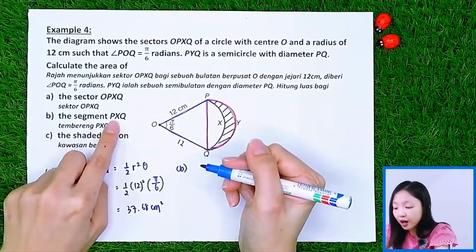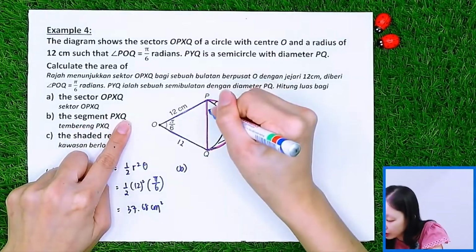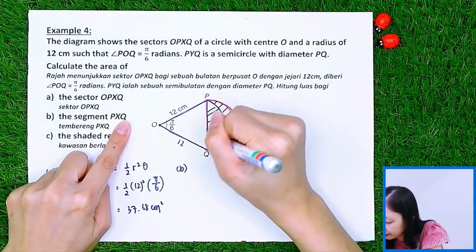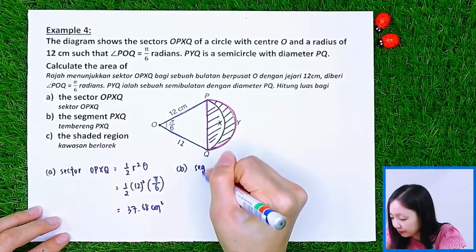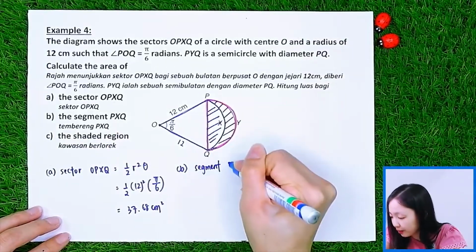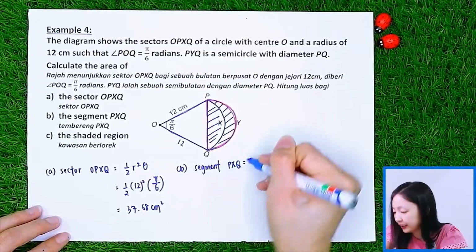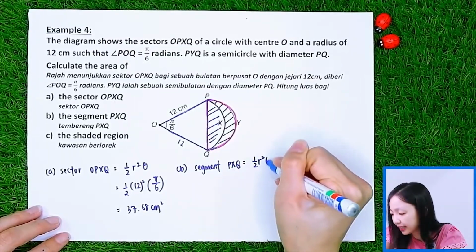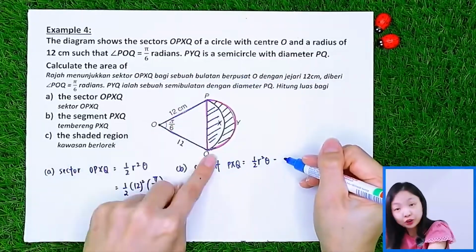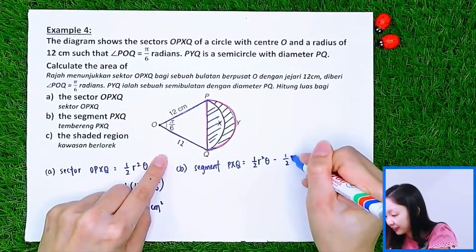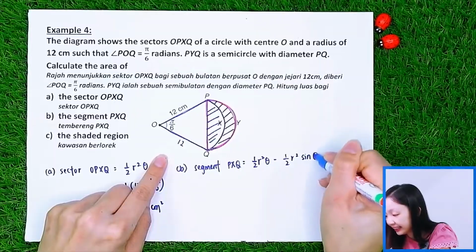Let us go to part B. The segment PSQ. So they want us to find this segment. Segment PSQ is equal to 1 over 2 r squared theta, the whole sector, minus the triangle, 1 over 2 r squared sine theta.